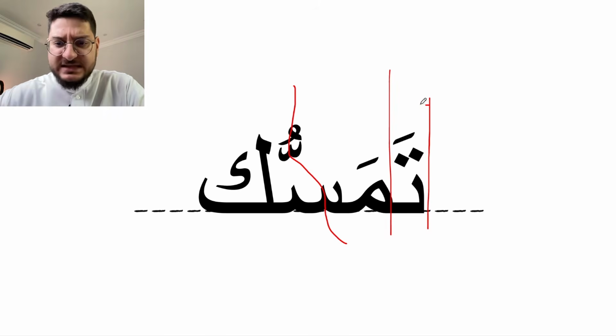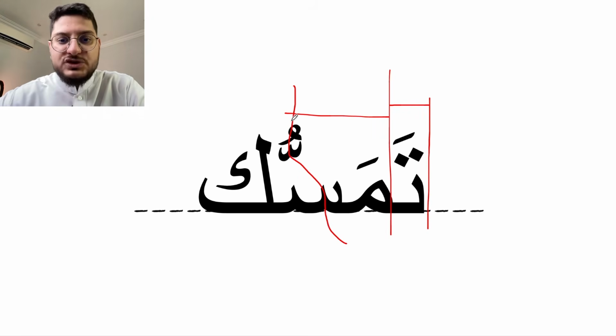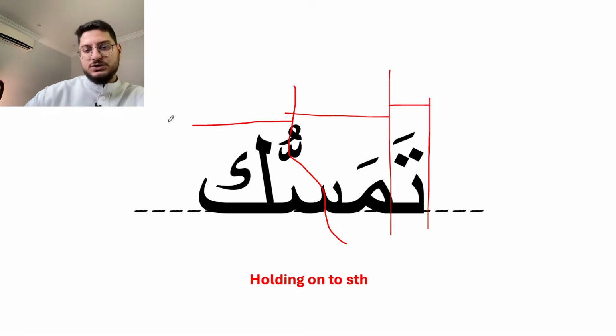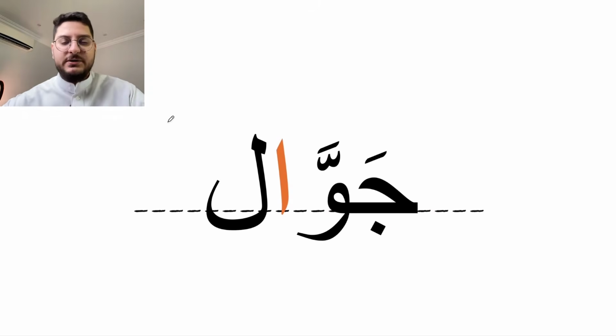So the first syllable will be ta. Second syllable, we have ma, but we also need to pronounce the S sound in here. So it would be mas. Ta, mas. And then the third syllable would be, starting with the S and the dhamma I see in here, su, and then the k sound, right? So suk. Ta, mas, suk. Tamassuk, which means holding on to something. Let's look at other examples.